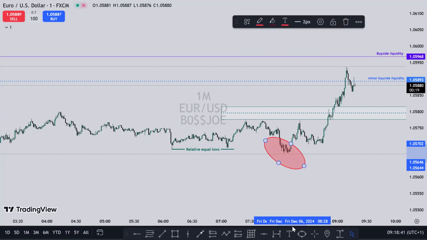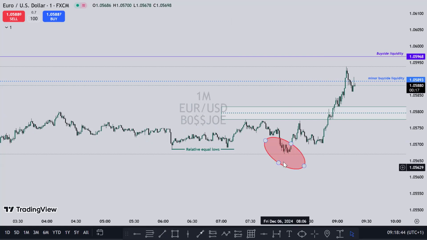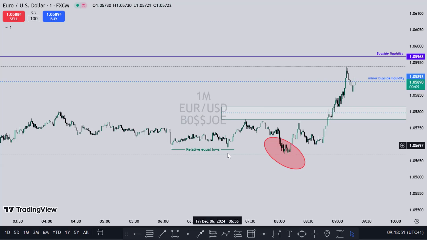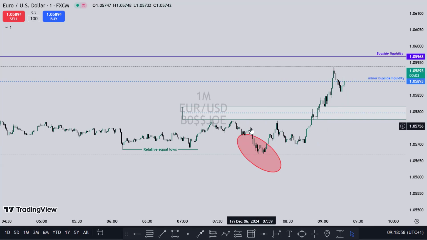At what time? Look at the time right below here. At 8 o'clock, that's London opening time. This low has destroyed this. And once this happened, the next thing you look at is the high that did the break of structure. Are you seeing this high right here?